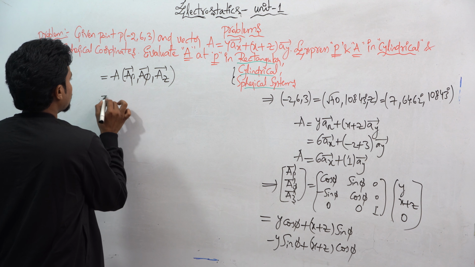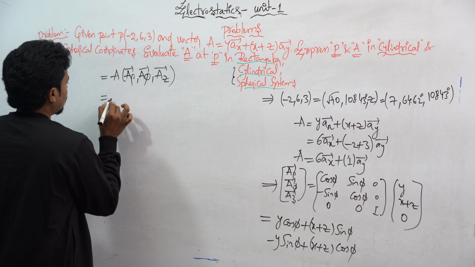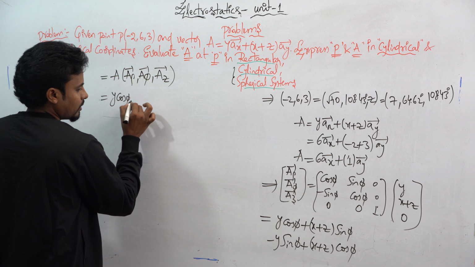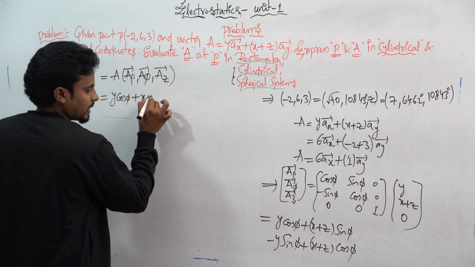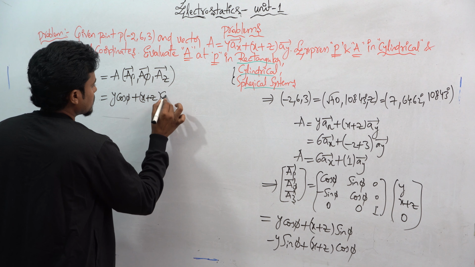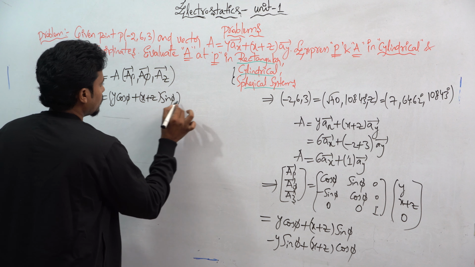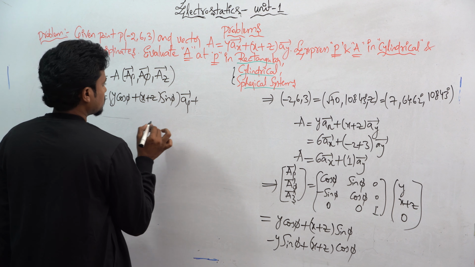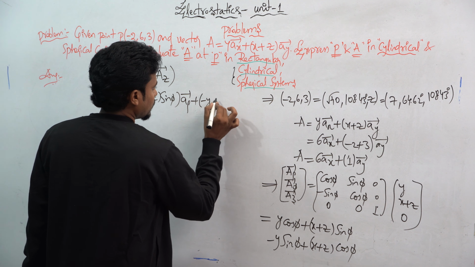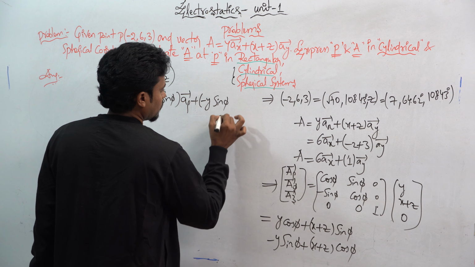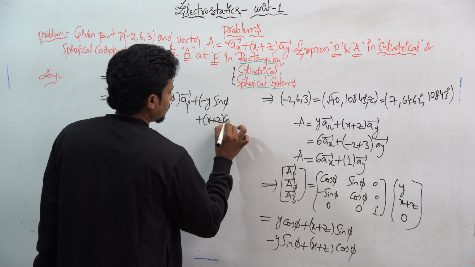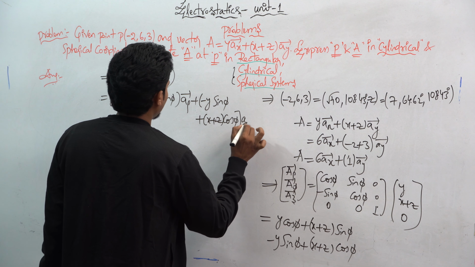So here this will be equal to (y cos φ + x + z sin φ) a_ρ bar plus (−y sin φ + x + z cos φ) a_φ bar.